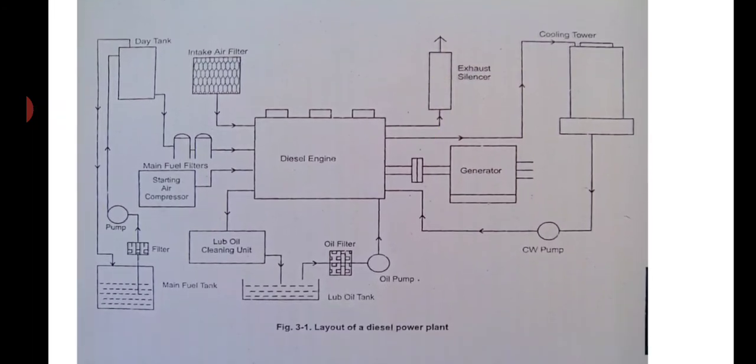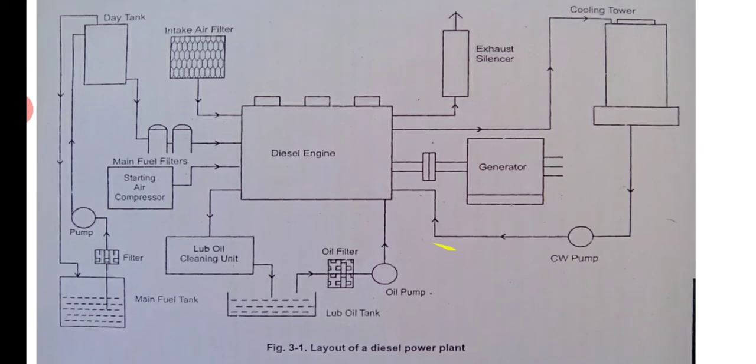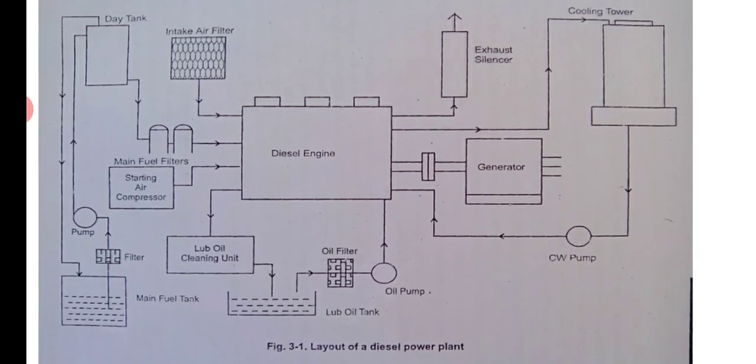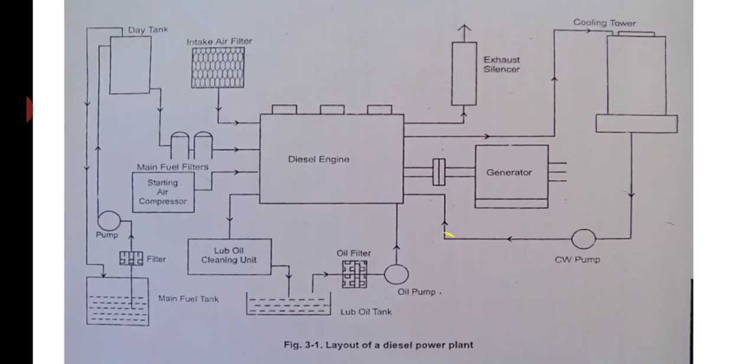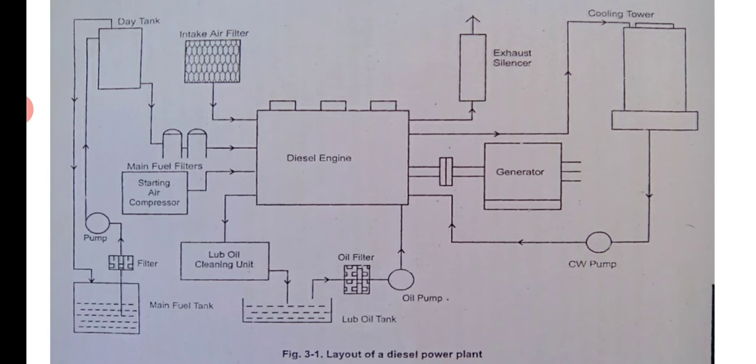And one more thing which I think you might not know. Your small bike engines, you kick and start, and car engines, there is a starter motor, so you start the engine. Whereas in these huge diesel engines, you can't start by kick start or push button start.